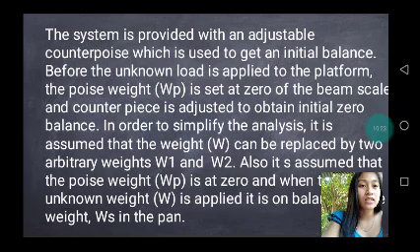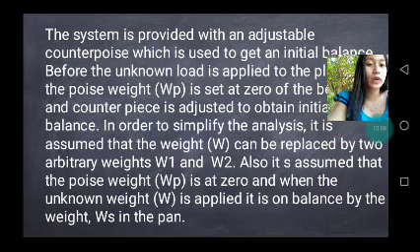The poise weight is set at 0 of the beam scale and the counterpoise is adjusted to obtain initial zero balance. In order to simplify the analysis, it is assumed that the weight can be replaced by two arbitrary weights, which is weight 1 and weight 2. Also, it is assumed that the poise weight is at 0 and when the unknown weight is applied, it is unbalanced by the weight in the pan.